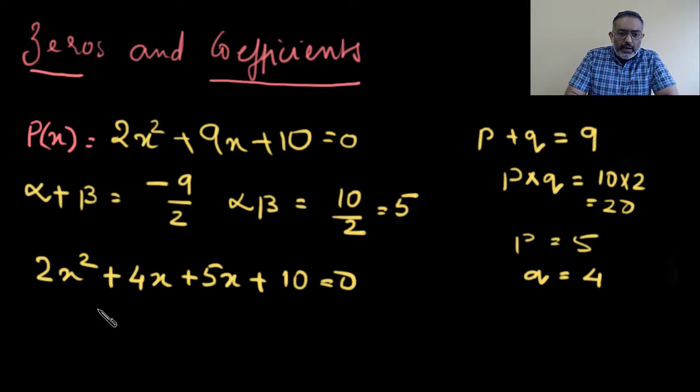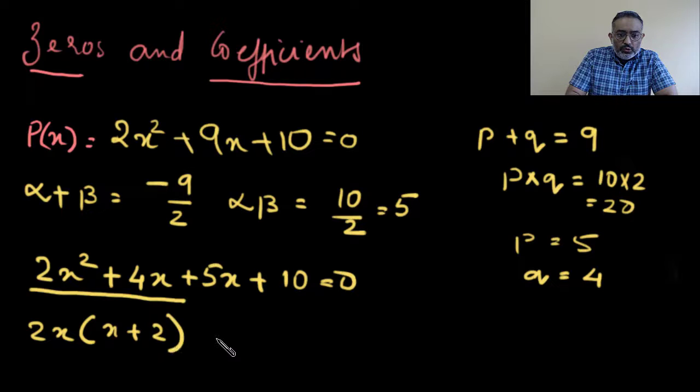Now, for this portion, you can take out 2x, so you get 2x times x plus 2, plus if you take out 5 for this portion, you're going to get 5 times x plus 2, equal to 0.